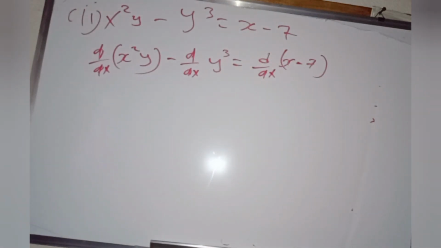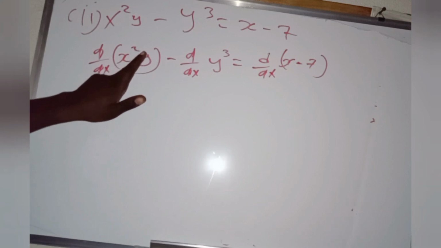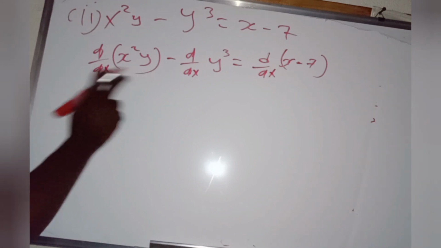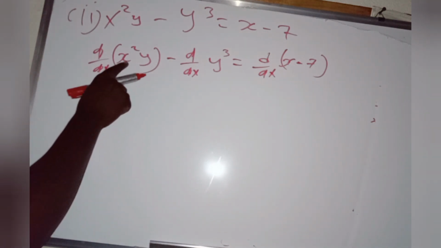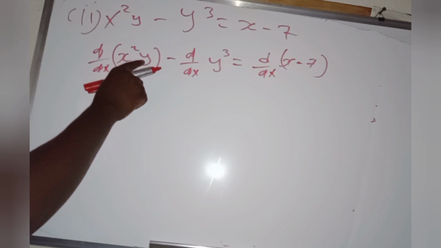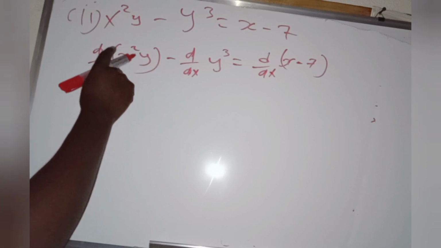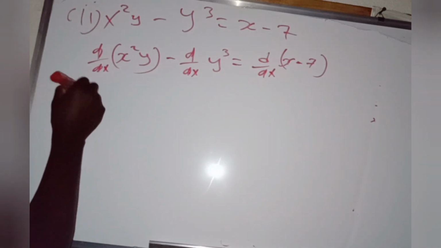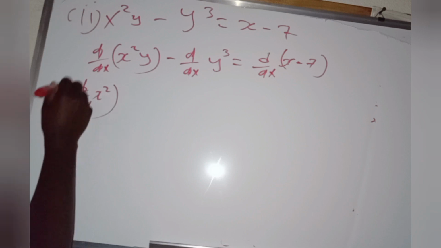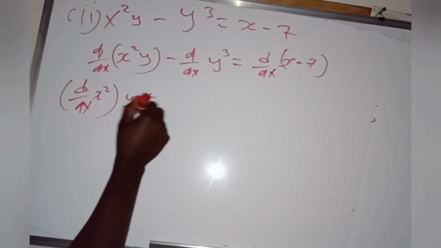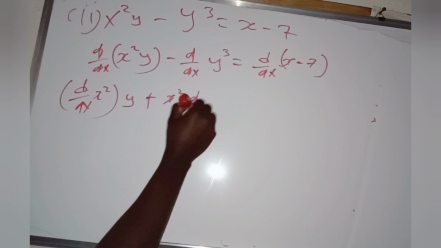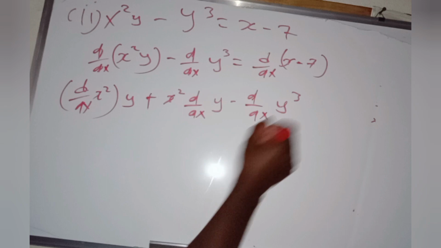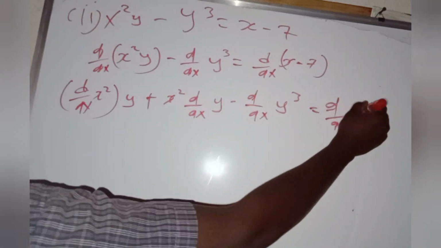You have two functions, x squared and y. Normally, I will use the product rule to differentiate. I differentiate x squared, I hold y. I differentiate y, I hold x squared. So the derivative of x squared, I hold y, plus x squared, I differentiate y, minus the derivative of y cubed is equal to the derivative of x minus 7.